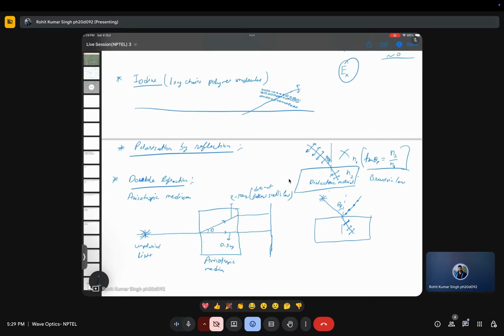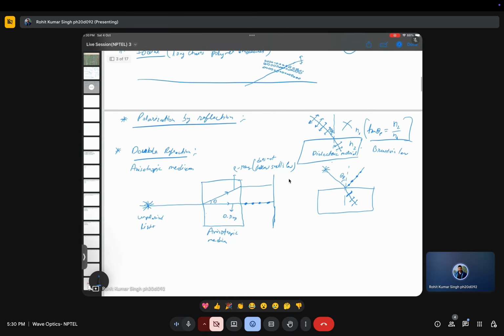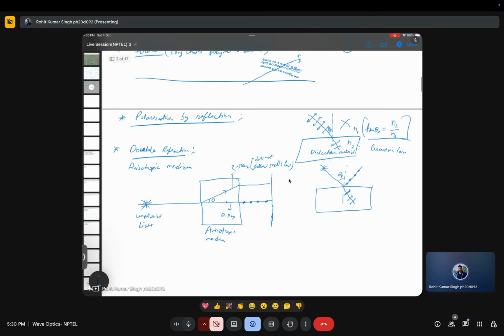And one more interesting thing is that this ordinary ray will be polarized in the direction of the optic axis. So let me explain what the optic axis actually is.